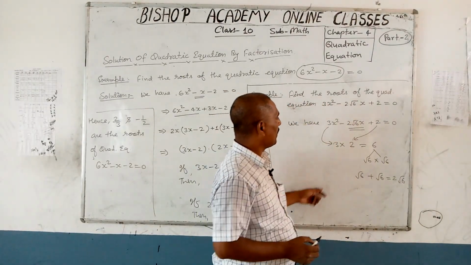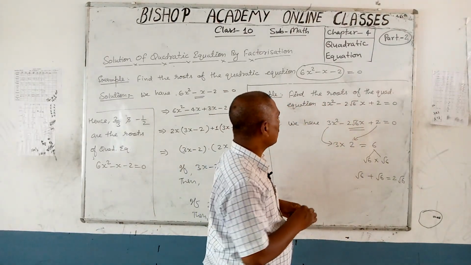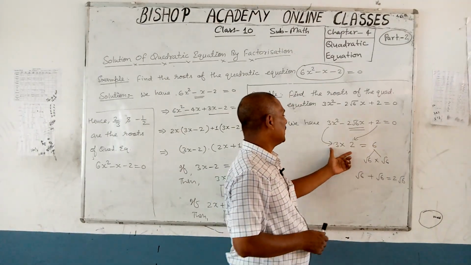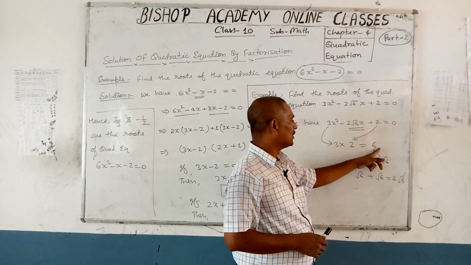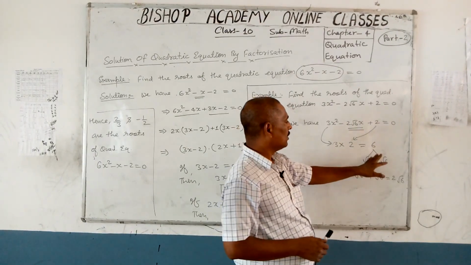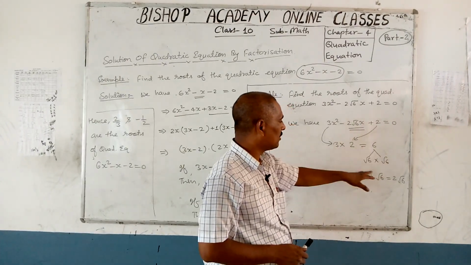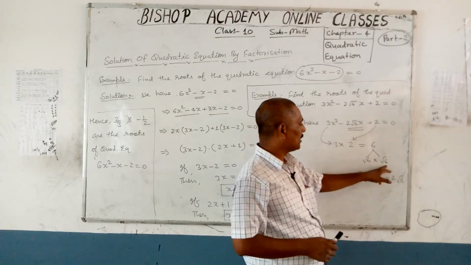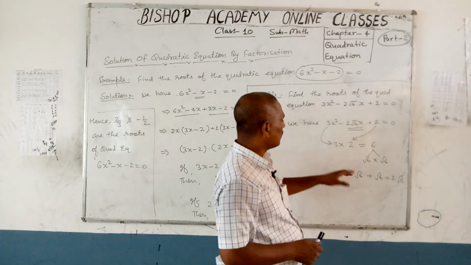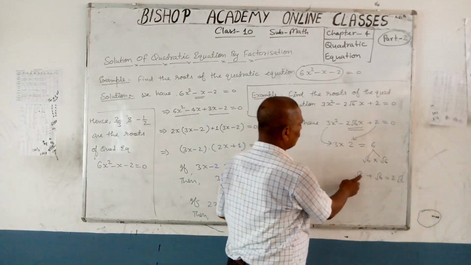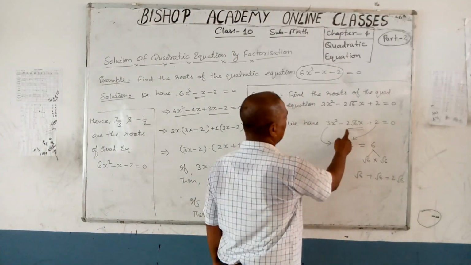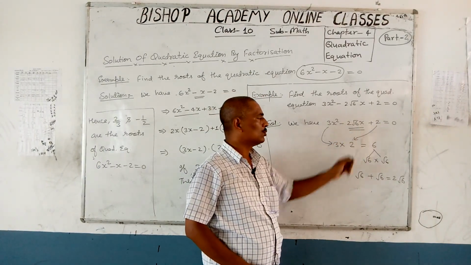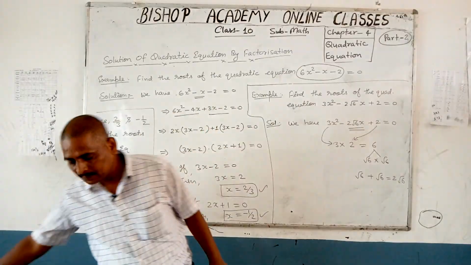So in this way, using the coefficient of x square and the constant term 2 and taking the product of these two, which is equal to 6, and finding two such factors of 6 which are root 6 and root 6, root 6 multiply root 6 is equal to 6, using these two factors, you can split the middle term minus 2 times root 6x.